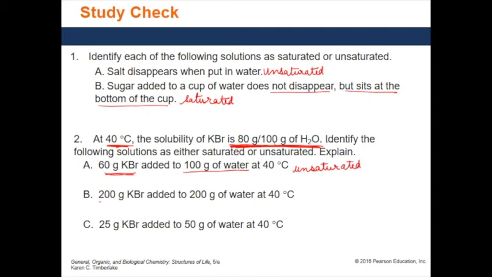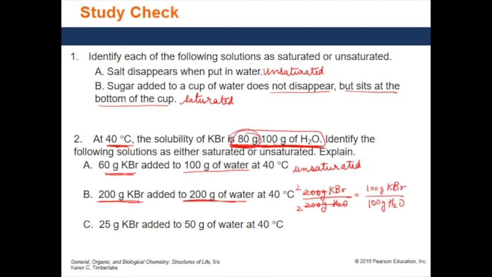Next, we have 200 grams of KBr added to 200 grams of water. Right now the conversion factor that I have is based off of 100 grams of water. So if in 200 grams of water I have 200 grams of KBr, and I divide this by 2 and divide this by 2, in 100 grams of water I have 100 grams of KBr, which means I have added more than the maximum amount that is possible at that temperature.